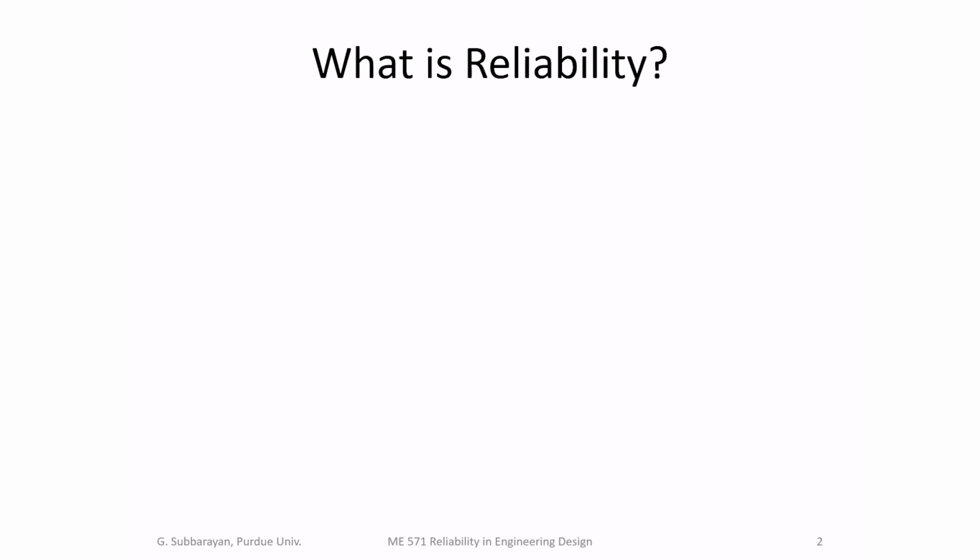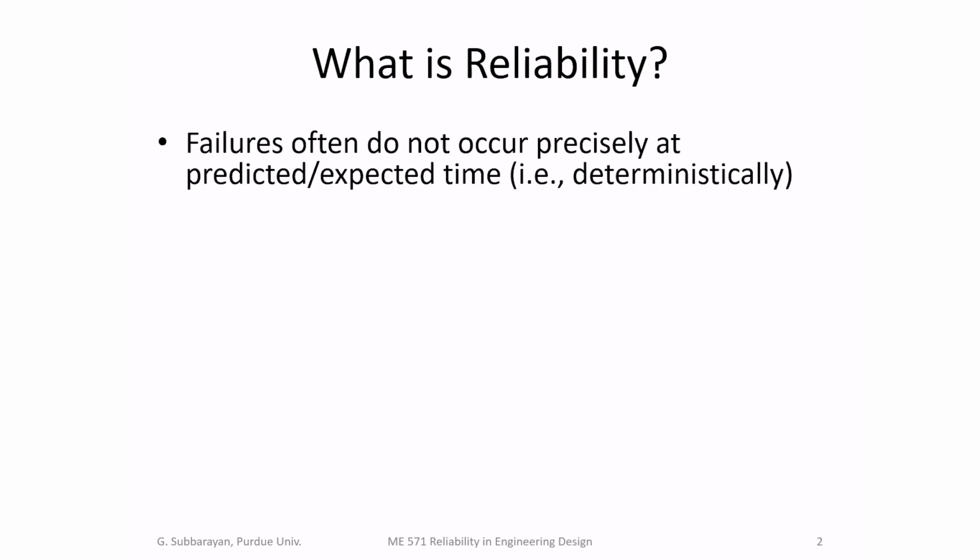And before I answer the question, what is reliability, I will start with the observation that if I take a product, a mechanical or electronic or aerospace or civil, any physical system, what we notice is that failures don't occur at a precise time. So there is uncertainty, there is randomness, if you will. Not entirely random, but there is uncertainty.